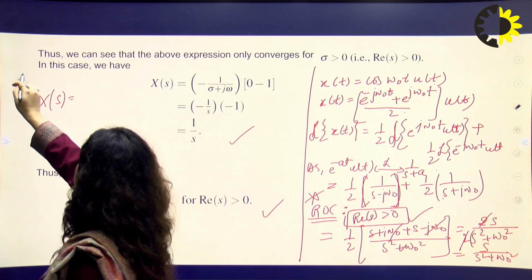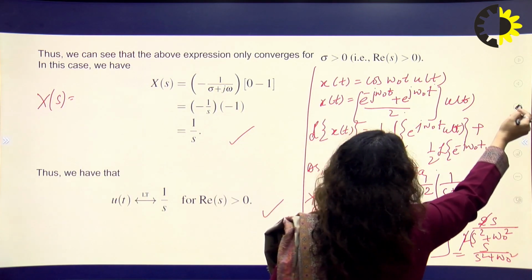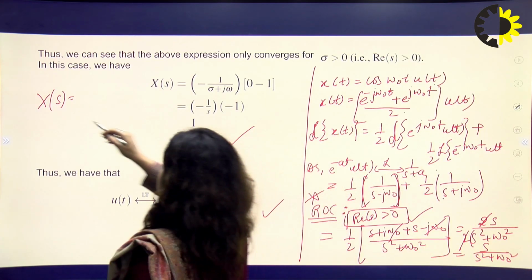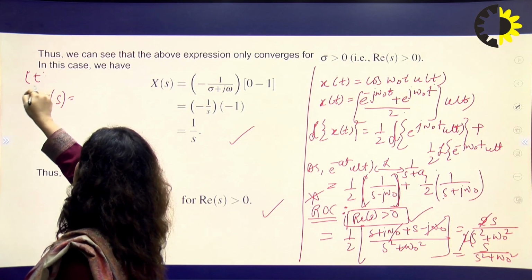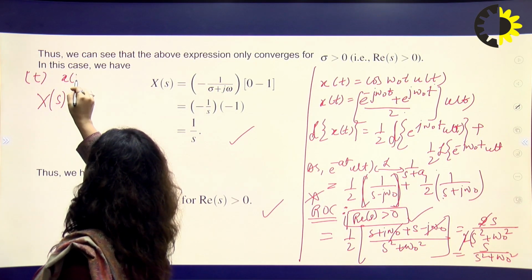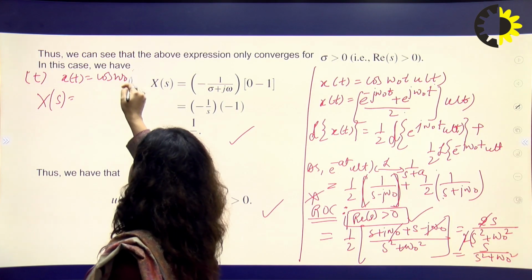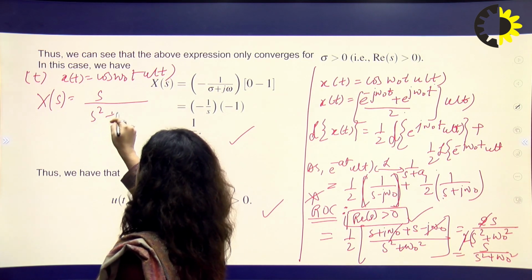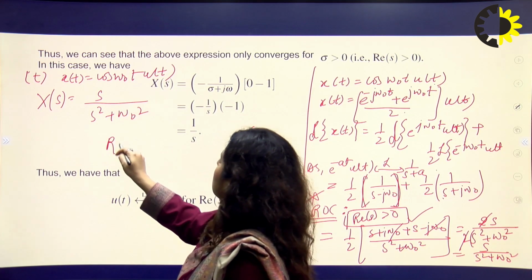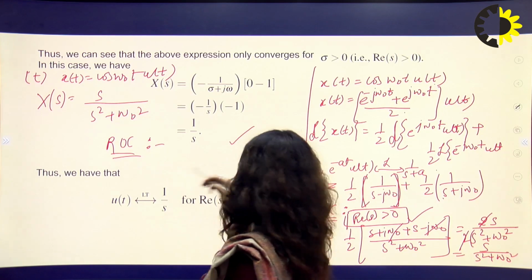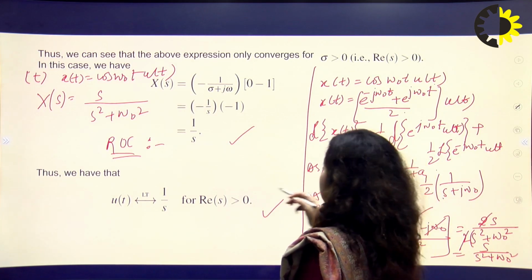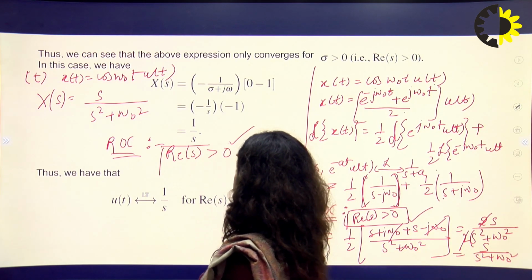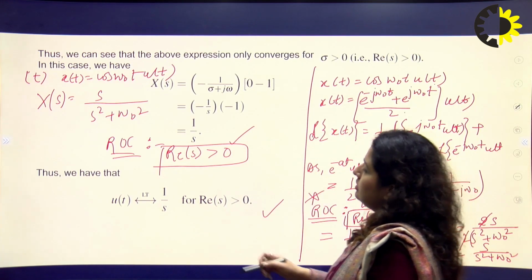For x(t) equivalent to cos omega naught t u(t), X(s) comes out to be s upon s square plus omega naught square, and the ROC we defined in the above step. From that step only you can define the ROC, which is real of s greater than 0, as there is no real part in the function.